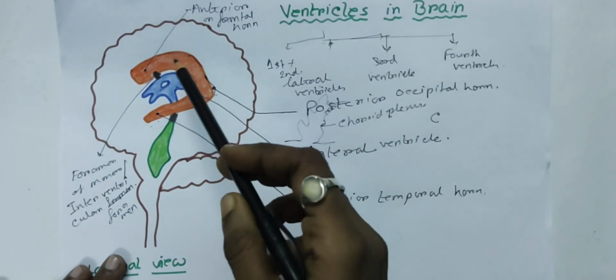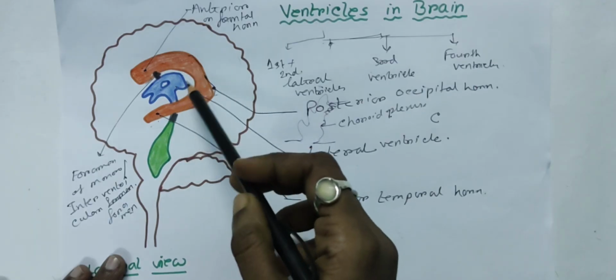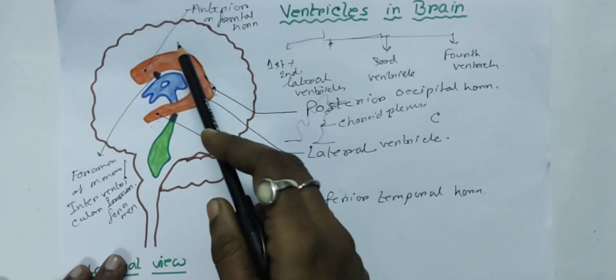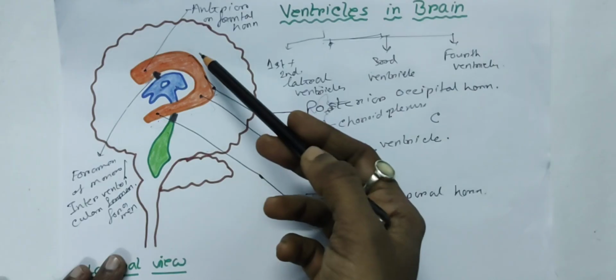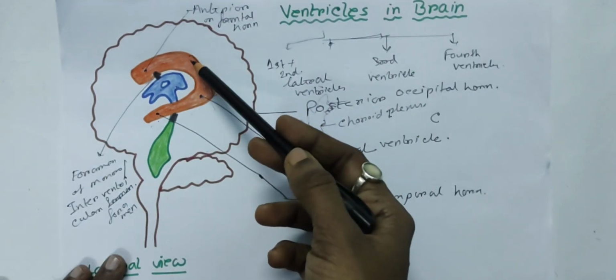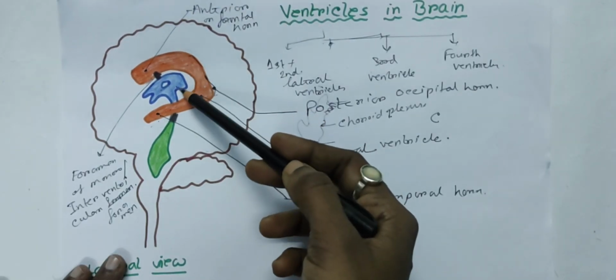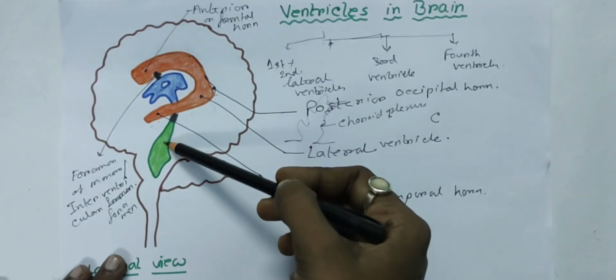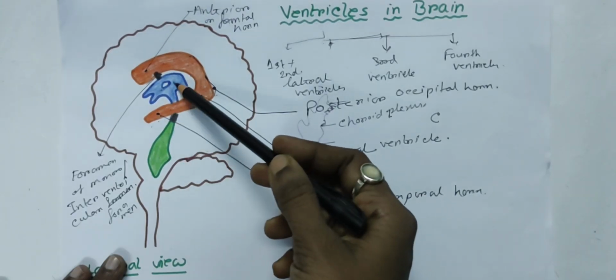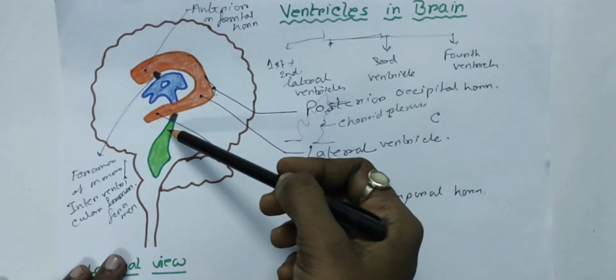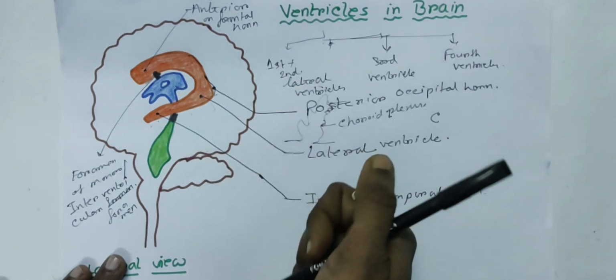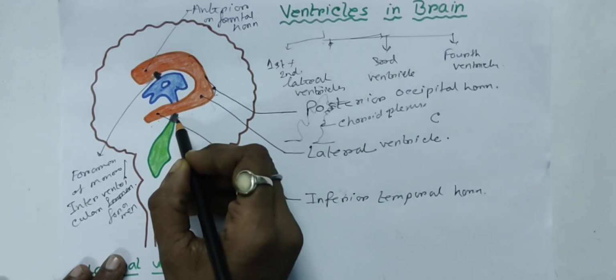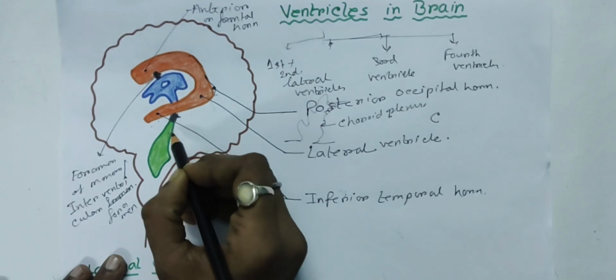I colored the ventricles separately. The first and second are orange, the third ventricle I colored blue, and green is the fourth one. The third ventricle is connected with the fourth ventricle by the cerebral aqueduct. So this is the connection between third and fourth.